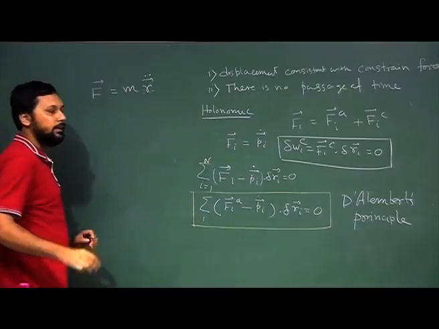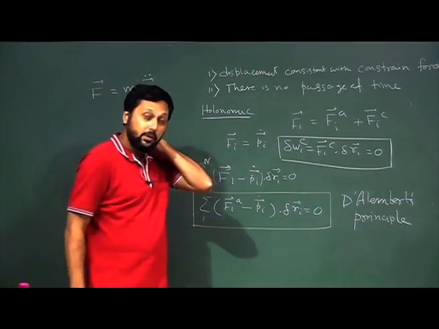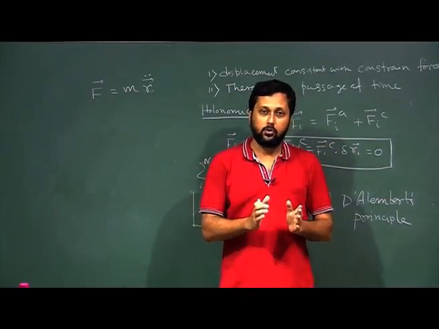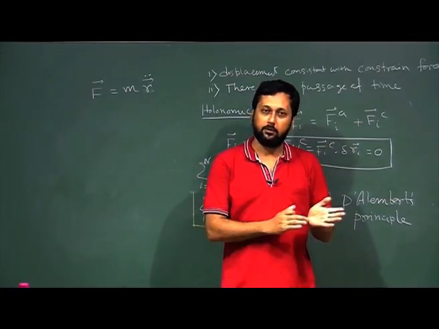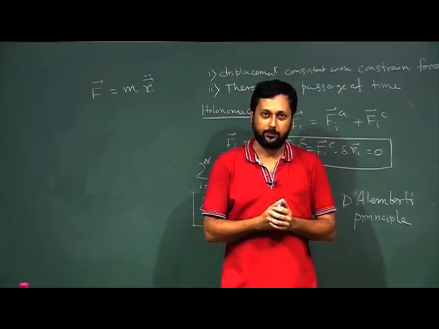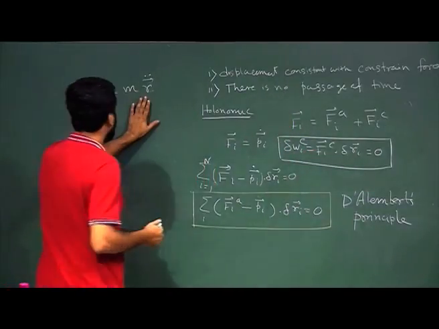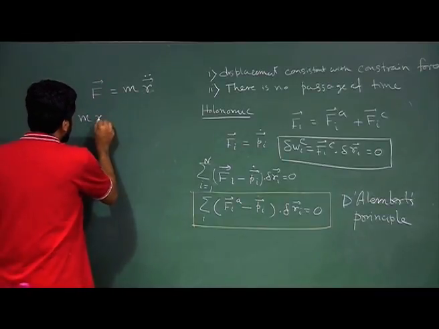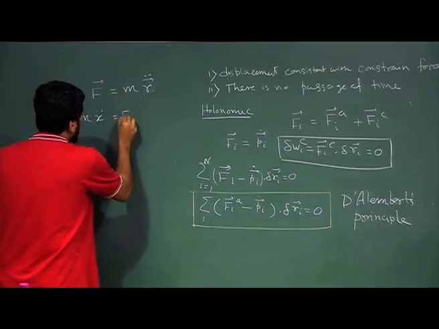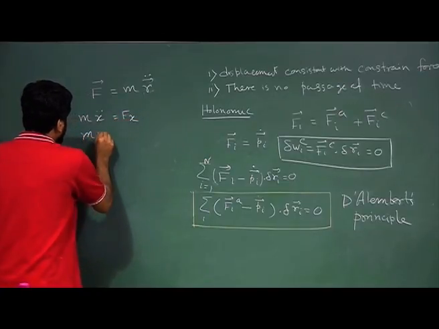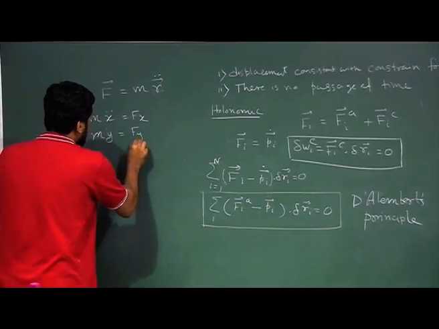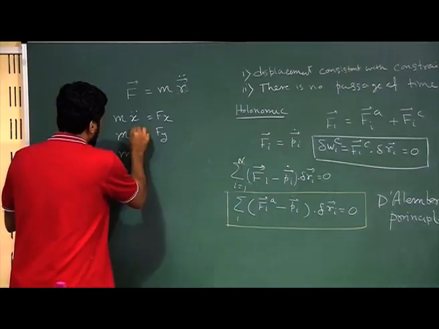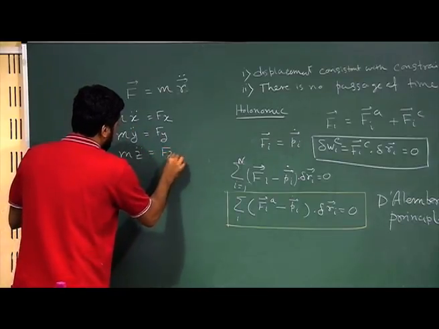Now, let us say you are working on a Cartesian coordinate system, and you know each component of force individually. So, you know F_x, F_y, F_z. So, you can break this equation into these three equations, and m z double dot is equal to F_z.